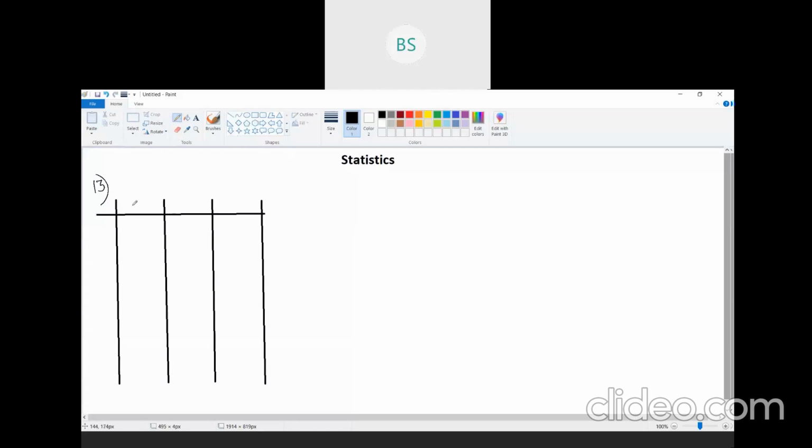Variables will be x and the frequency will be f. Now whenever we have to find out the missing frequency, we should always go with the direct method.